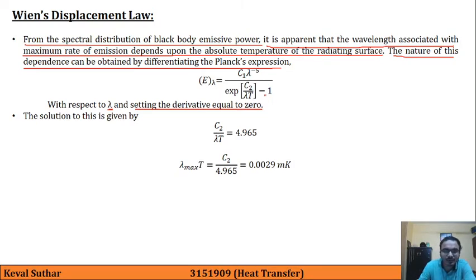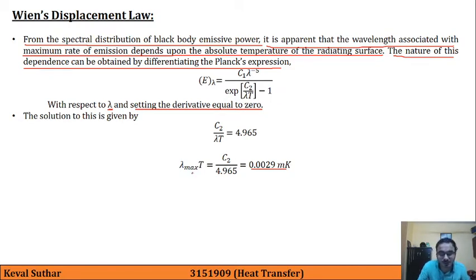And here the value of lambda max T is given by C2 divided by 4.965, whose value is 0.0029 meter Kelvin.